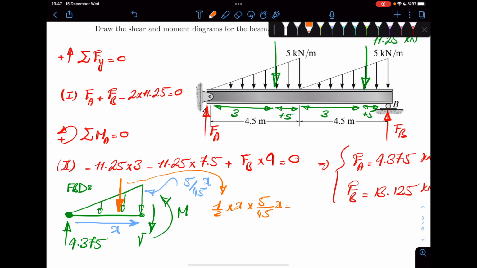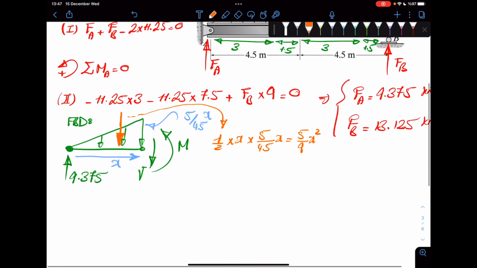So this is 5/9 x squared, and that would be the concentrated load in that place.